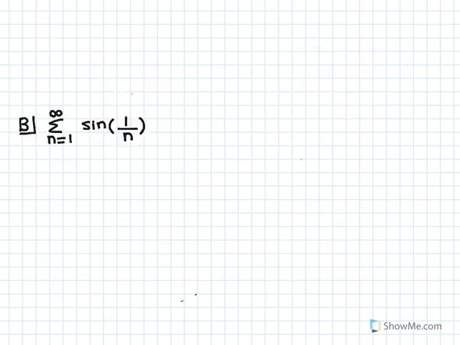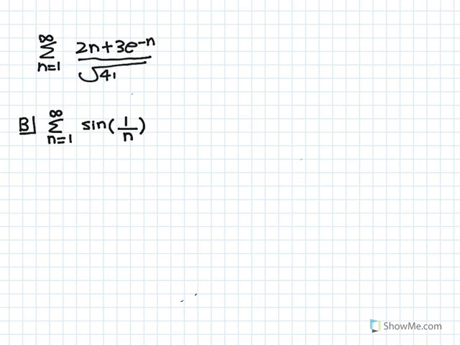Let me write it on this page as well. Summation n equals 1 to infinity 2n plus 3 e to the minus n divided by square root of 4n to the 6 minus n also converges by the limit comparison test.